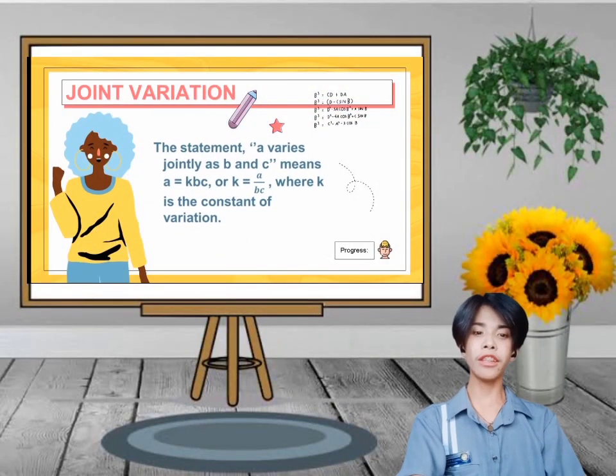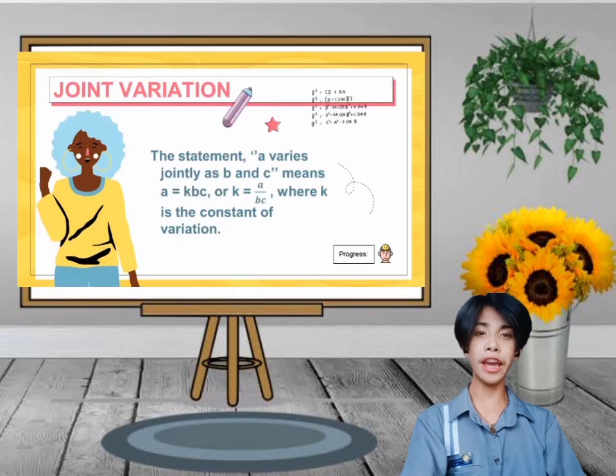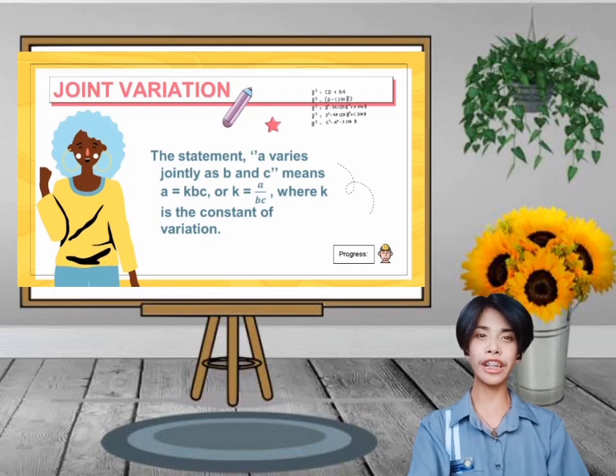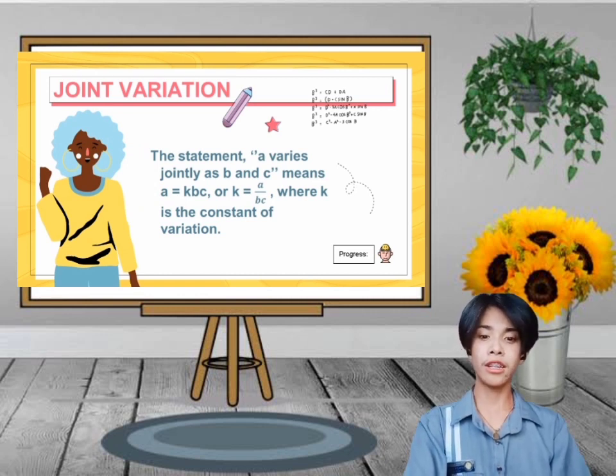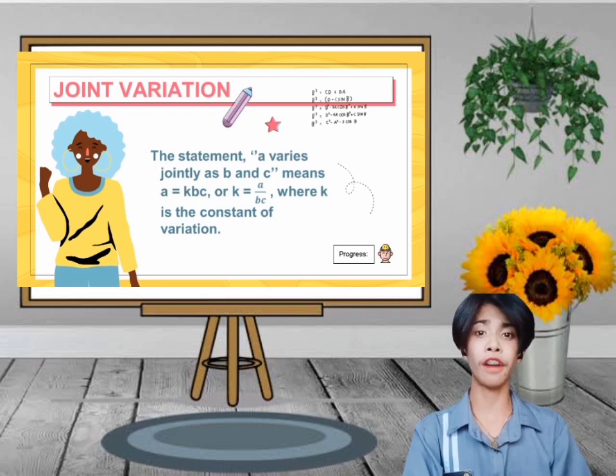In the statement, A varies jointly as B and C, it means A equals KBC, or K equals A over BC, where K is the constant of variation. In joint variation, some physical relationships, such as area or volume, may involve three or more variables simultaneously. So ang kinaibahan niya sa direct and inverse variation, sa joint variation, it may involve three or more variables.